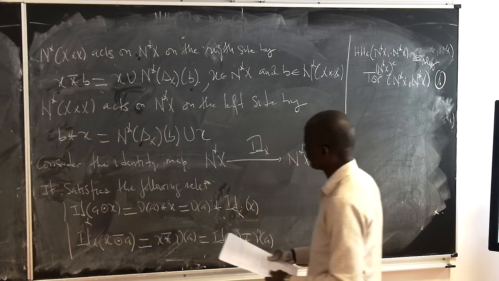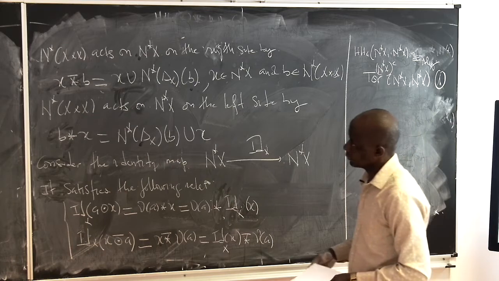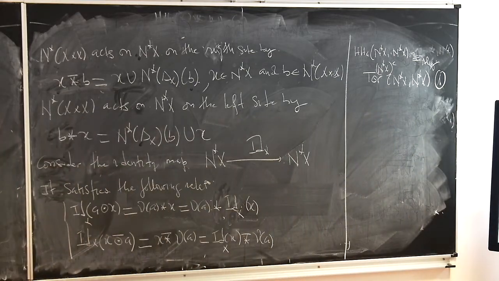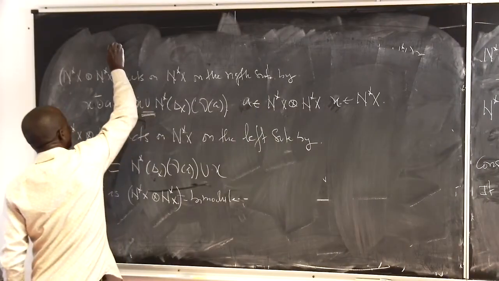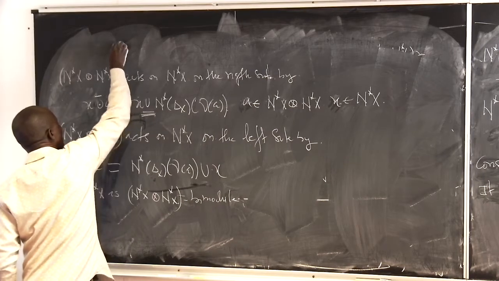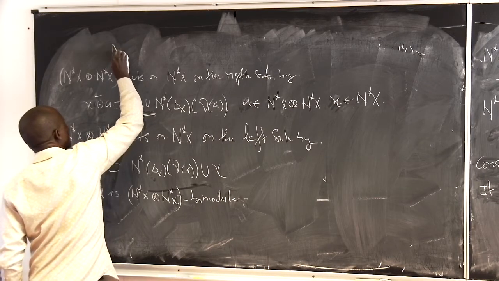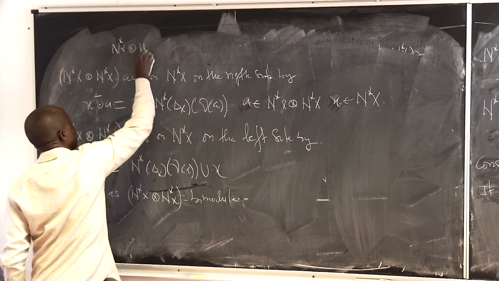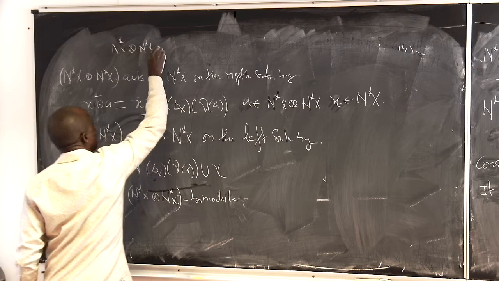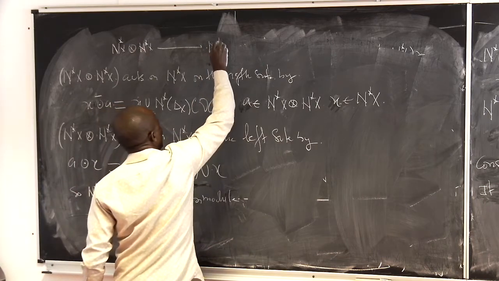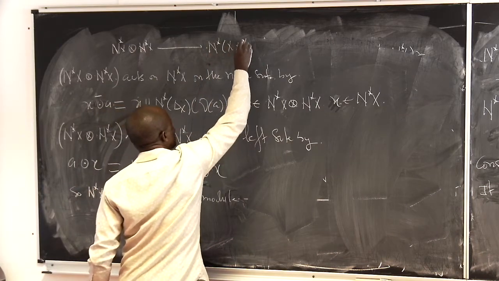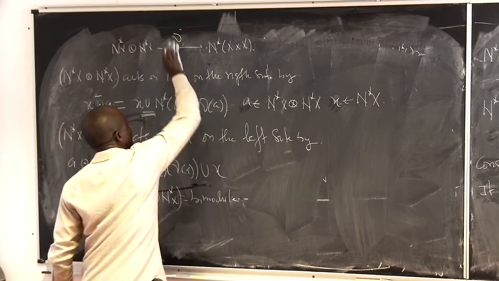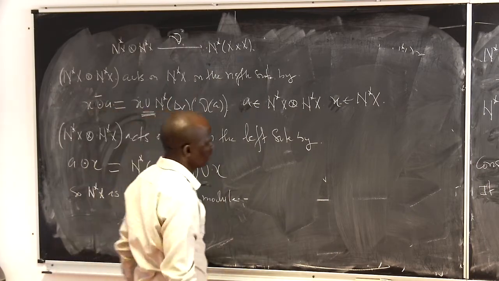Okay. So the map we had between the two, the normalized angular quotient of the cross product, we note it by nu.